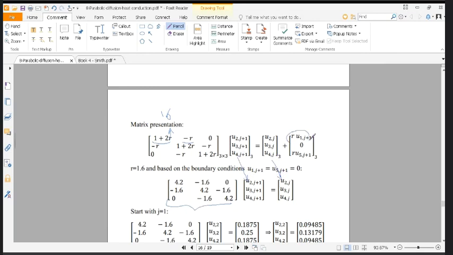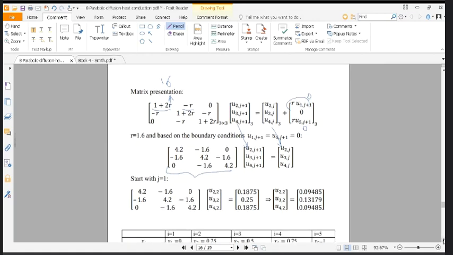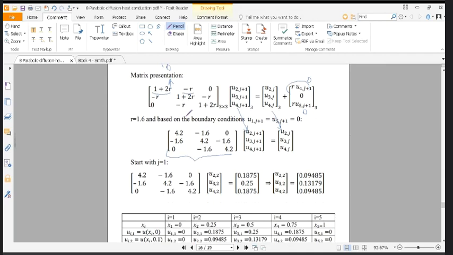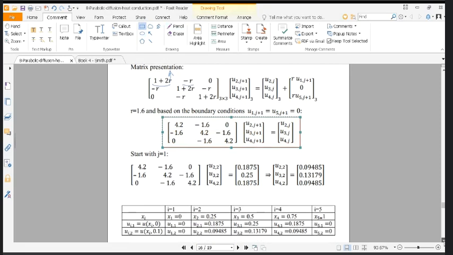Because the value of u at the boundary is 0, these are 0 vectors, and they can be removed. Okay, and we have this matrix equation for every j, for j is 1, 2, 3, and so on. This is the matrix representation for this problem.